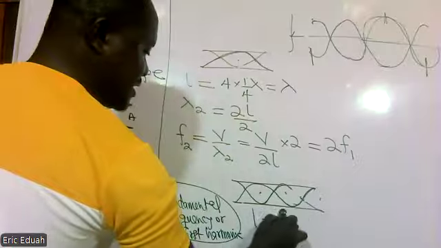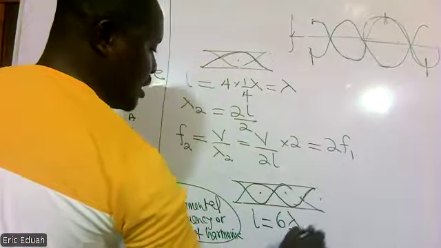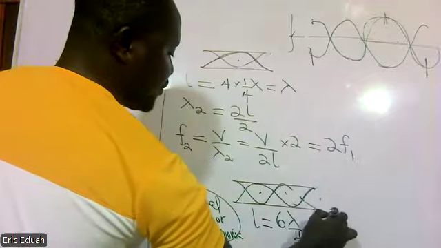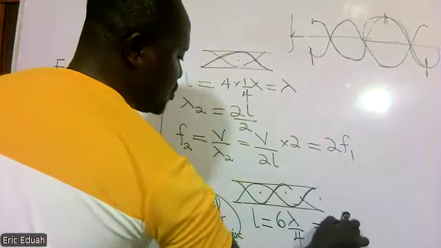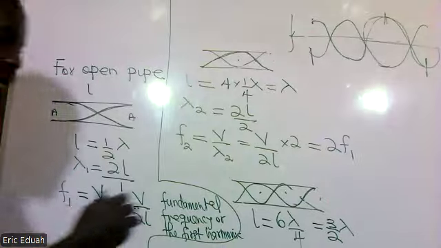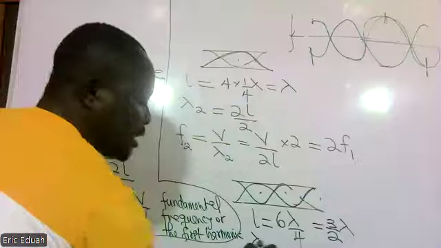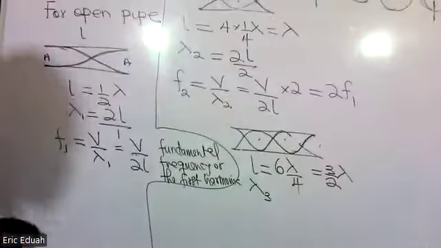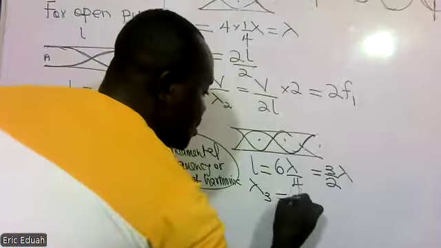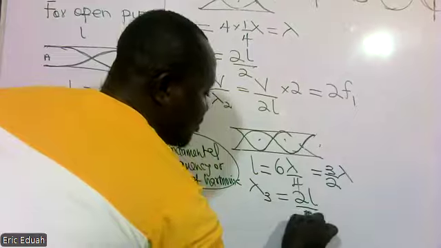So 6 lambda on 4, and this is equal to 3 on 2 lambda. Therefore, lambda 3 will be equal to 2 times L over 3.